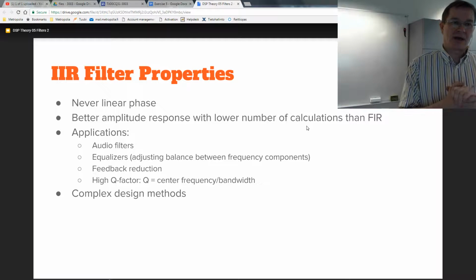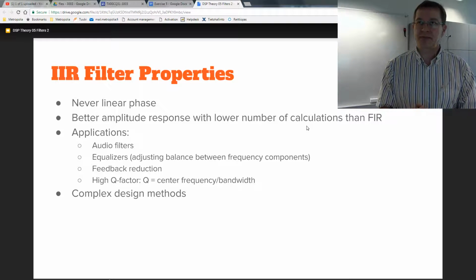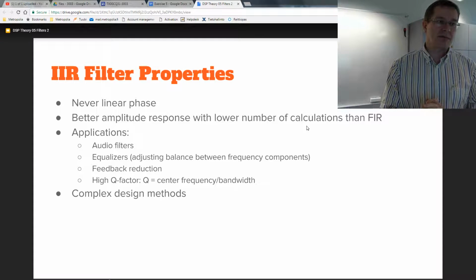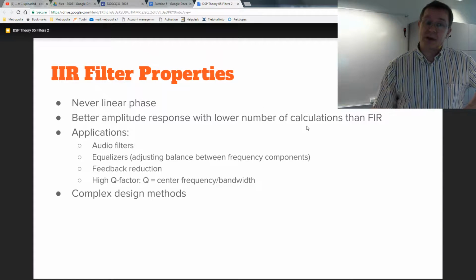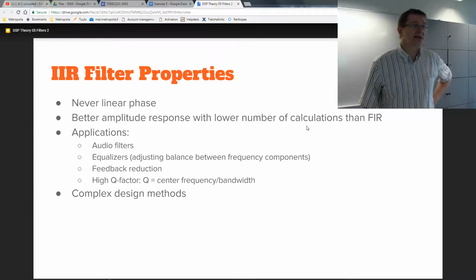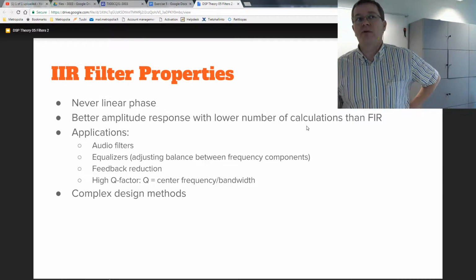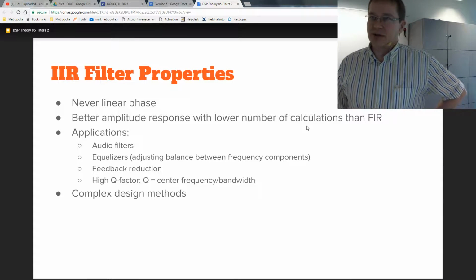However, IIR filters give a better amplitude response with a lower number of calculations. In that sense, it's more effective if you are interested only in the amplitude response.